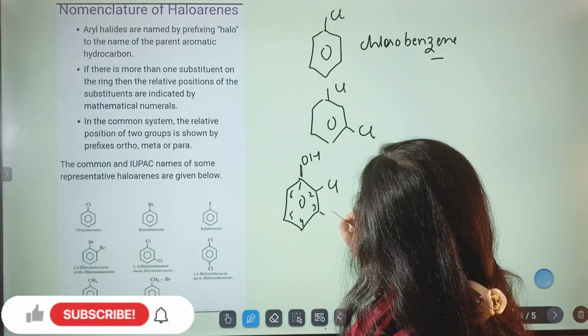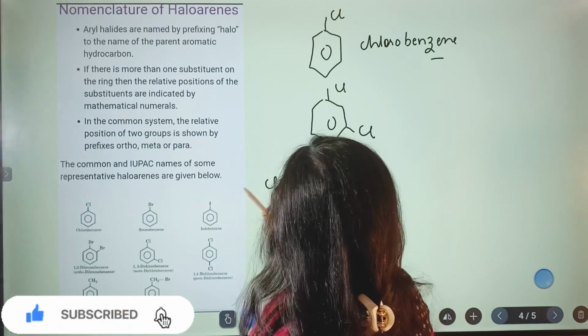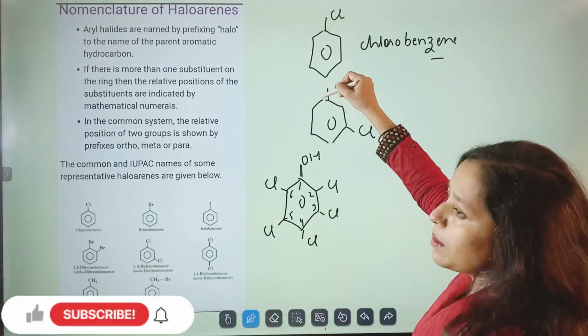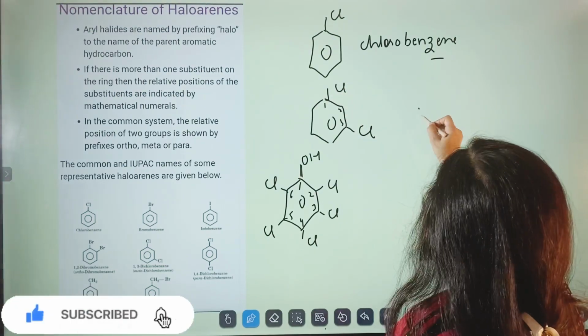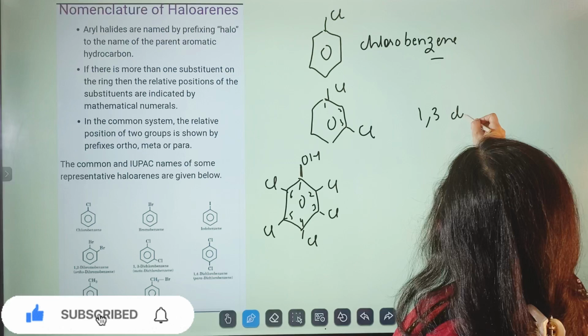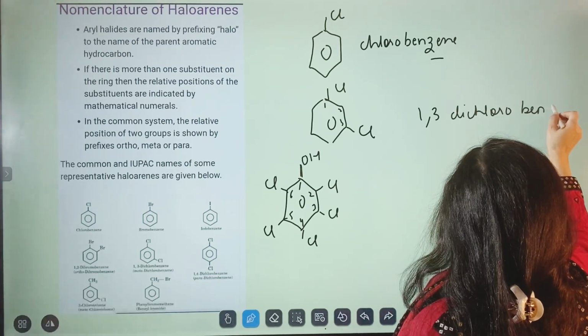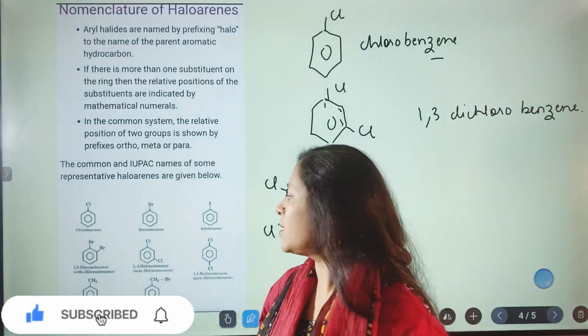This is how you give positions to the attached halogen atoms. In this example, suppose this is position 1, then 2 and 3. So we will put it as 1,3-dichlorobenzene. It ends with the parent name benzene.